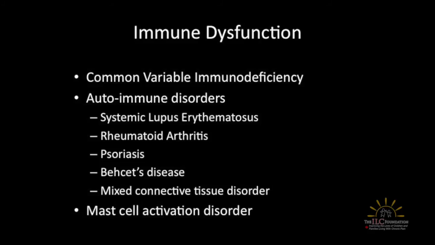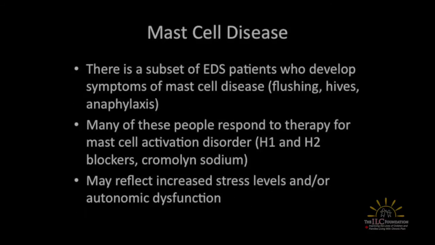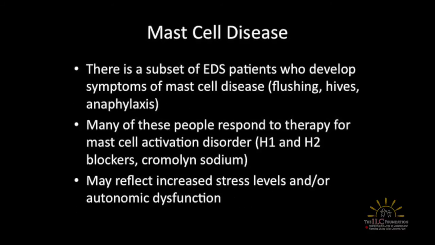Really the most recent arrival on our landscape of Ehlers-Danlos syndrome is the phenomenon of mast cell activation disorder. There is a subset of Ehlers-Danlos syndrome patients who develop symptoms of mast cell disease, which includes flushing, hives, even anaphylaxis. Many of these people respond to therapy for mast cell disorder.